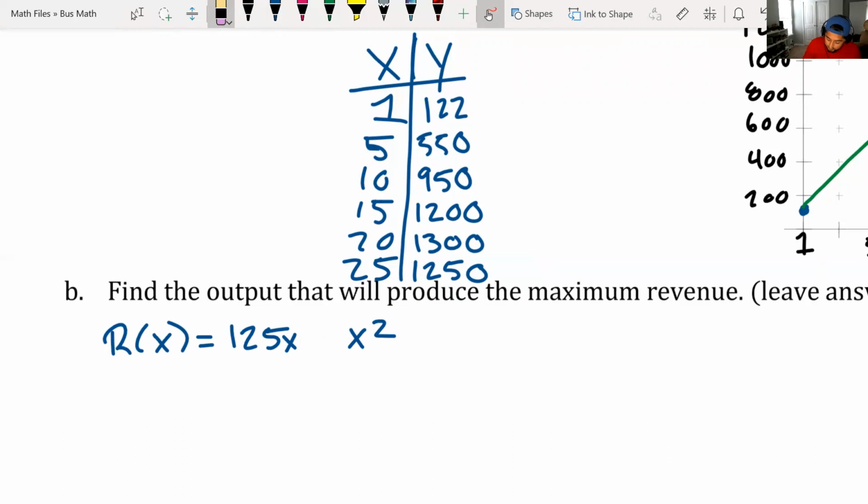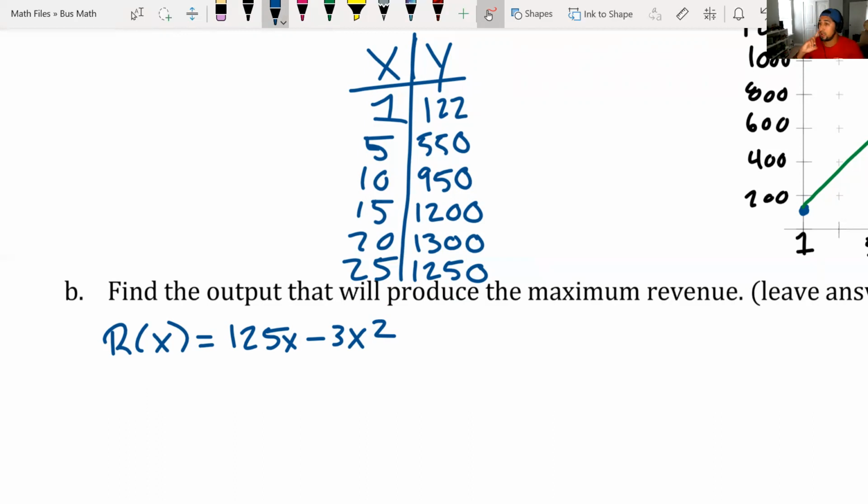Let's do that over. There you go. Is a quadratic function. And what we know that we can do in quadratic functions is find the vertex by completing the square. But what's great about these applications is we can use the optional method too of finding the vertex.